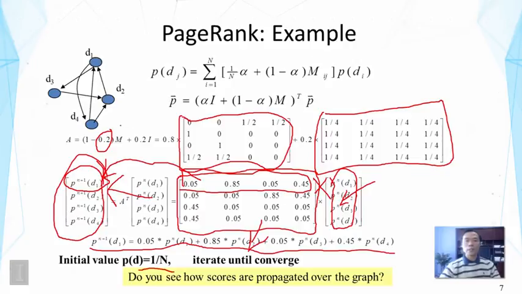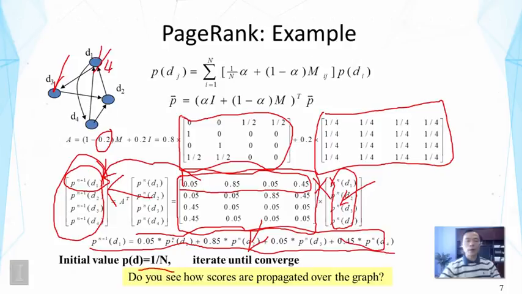I hope you will see that indeed we can imagine we have values initialized on each of these pages. So we can have values here, let's say that's 1/4 for each, and then we're going to use this matrix to update these scores.